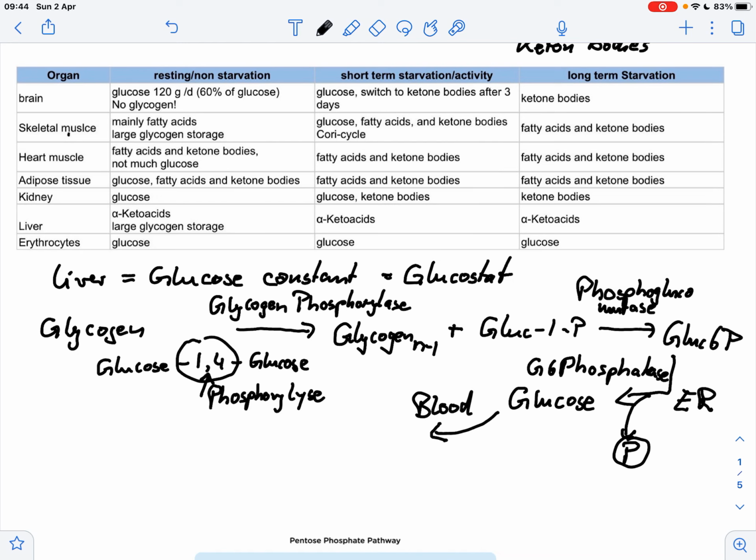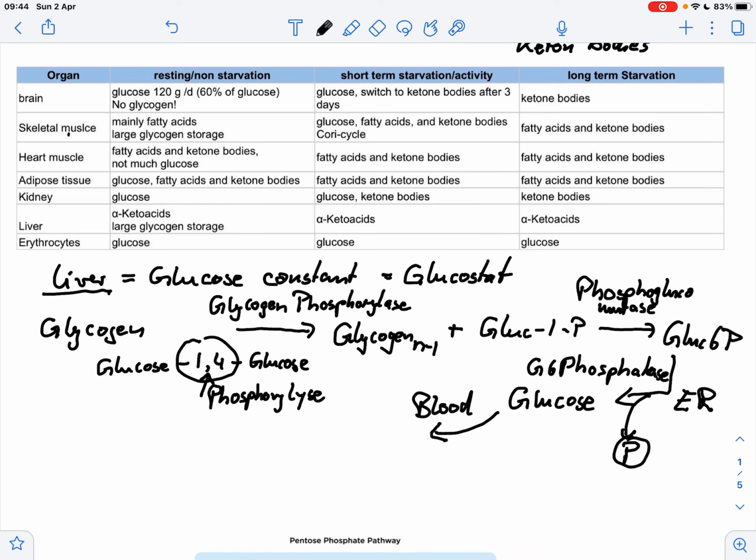So that is a system that basically works in the liver, and the liver can really make sure that the glucose level in the blood is more or less constant to feed the erythrocytes. Muscle cells that also store glycogen don't have this transporter that transports glucose 6-phosphate into the endoplasmic reticulum.